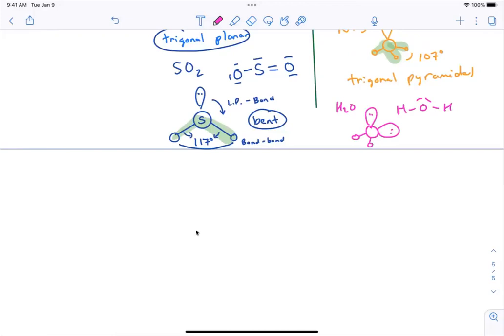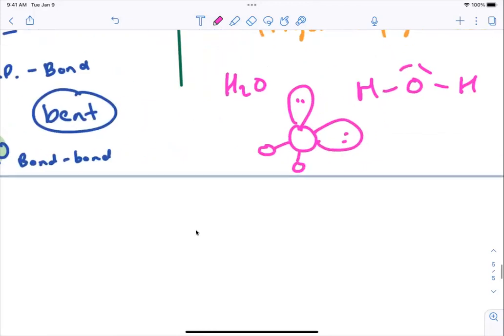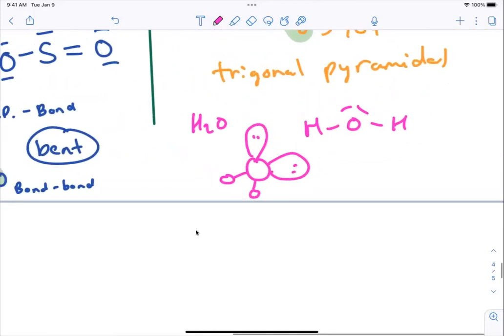Let me zoom in a little bit. So, what's this angle going to be here? If you had to guess, 104 is fine. 104.5. Maybe in college they're more nitpicky about it. It's 109.5 and 104.5. But for the IB, they'll take anything between 102 and 106. So 104 degrees is a good value here.